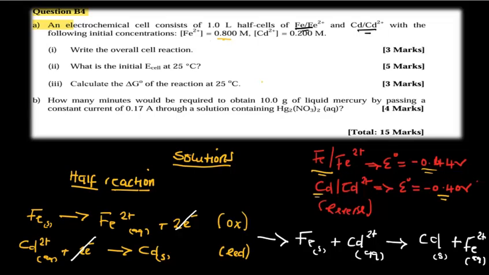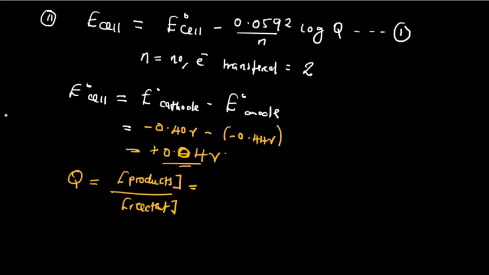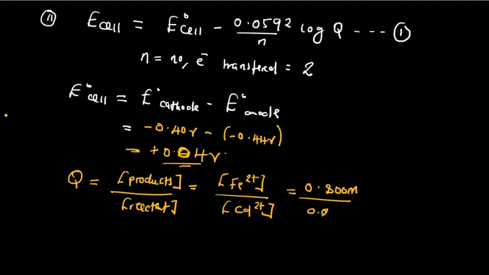So what we are going to have is the concentration of ion 2+ over the concentration of cadmium 2+. Remember that these do not have coefficients, so you just simply replace with what we have over 0.2 molar.